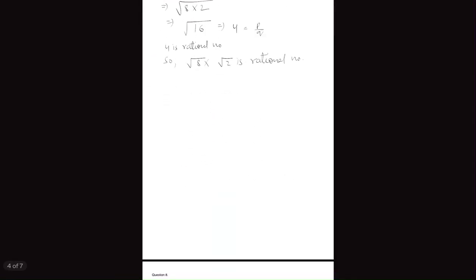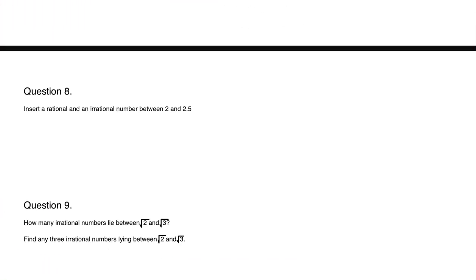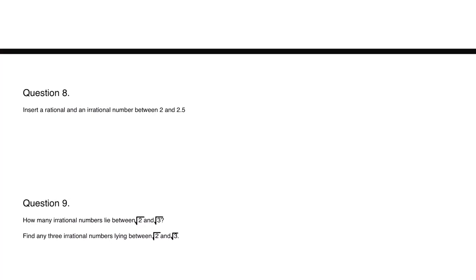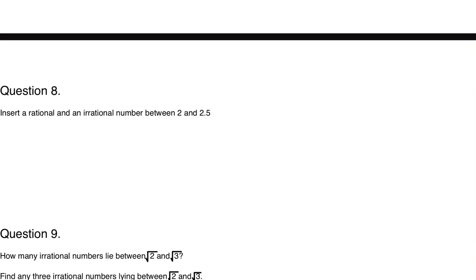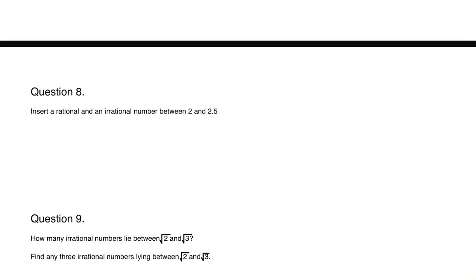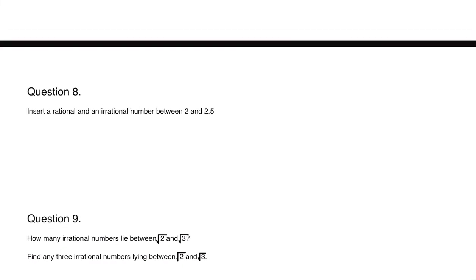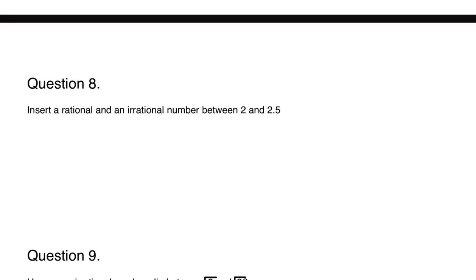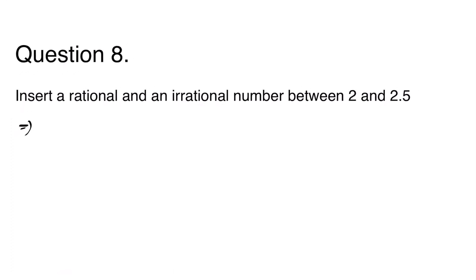Yes, now the question number 8. Insert a rational number and an irrational number between 2 and 2.5. Now, for inserting one rational number, if you have learned chapter or exercise 1.a, in which we have already learned the process to make a rational number between two rational numbers.